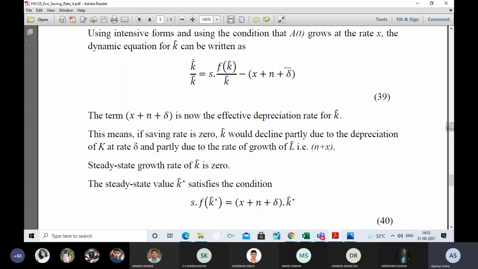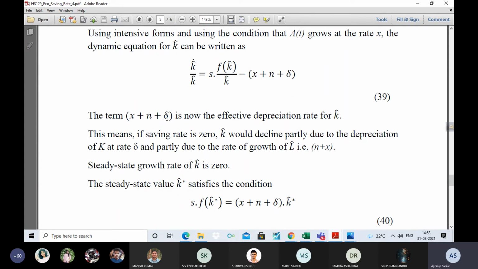And the second term now has a growth rate x sitting here. The term x plus n plus delta is now the effective depreciation rate of k hat. Earlier, n plus delta was the effective depreciation rate of small k. Now, since we are interested in k hat instead of k, the effective depreciation of k hat is something different. It is the rate of growth of technology plus the rate of growth of population plus the rate of depreciation of aggregate capital.